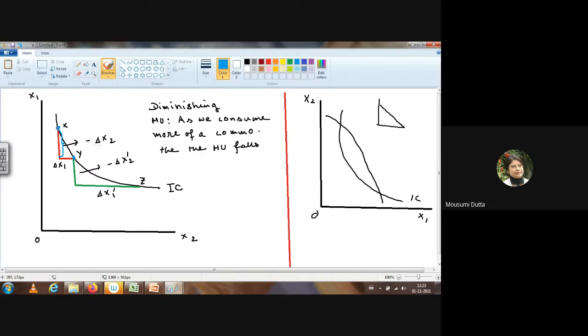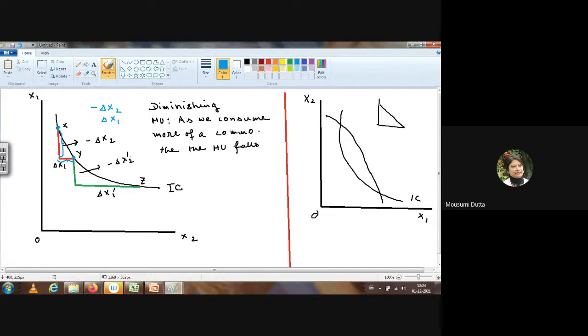So there is a change given by minus delta X2 because consumption is falling. Capital delta indicates change in consumption, and there is a negative change in consumption, therefore I have used the negative sign here. At the same time, I'll be able to increase my consumption of X1, so there is a positive delta X1.